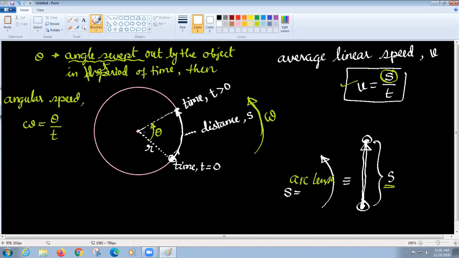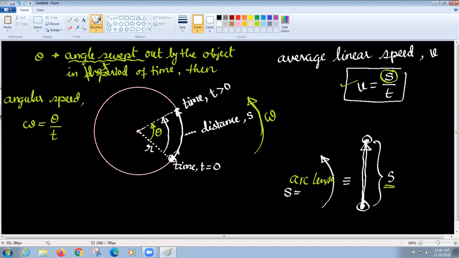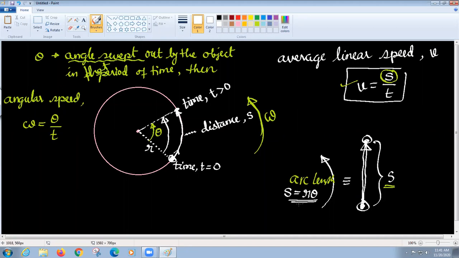So s is simply the radius r, and to reach from here to here you have to traverse this angular distance theta. Therefore s equals r multiplied by theta.